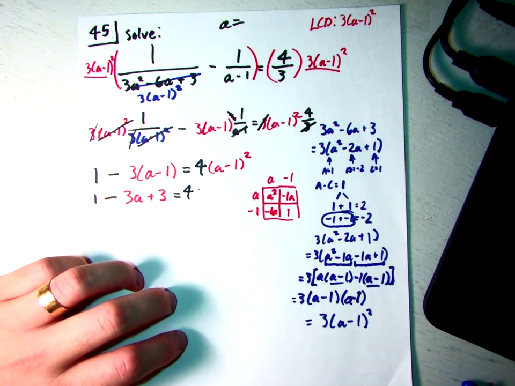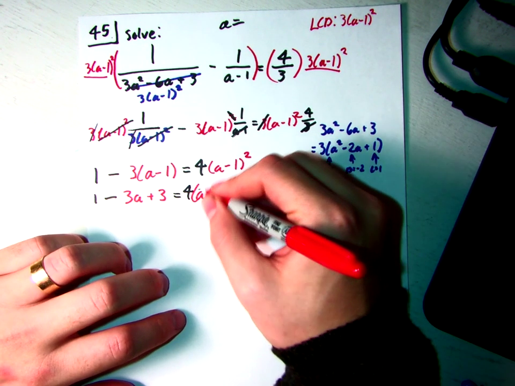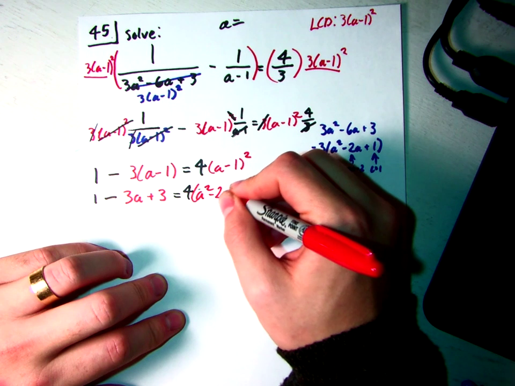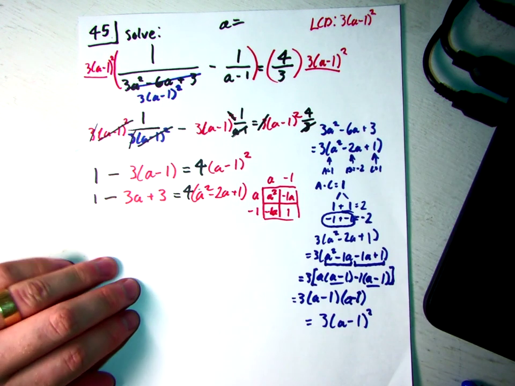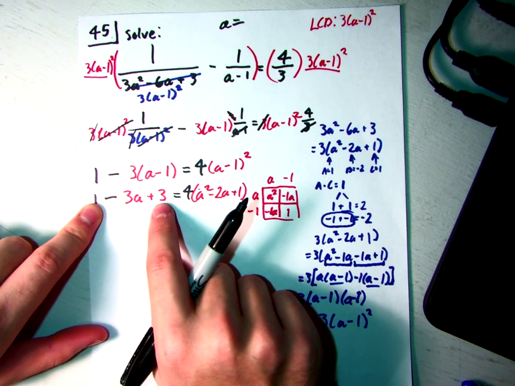So I have 4 times a squared minus 2a plus 1. All right. Now what happens if I combine these like terms here.